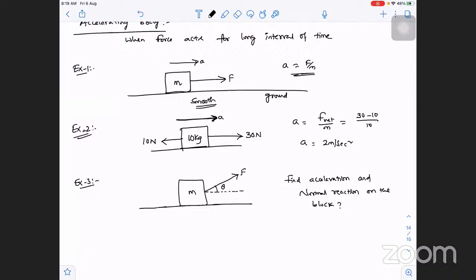See, I already told that the block is moving on the ground. So I have given some logic. This is smooth, obviously, so no need to tell. All the surfaces are smooth, without friction.